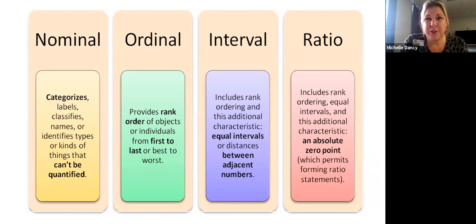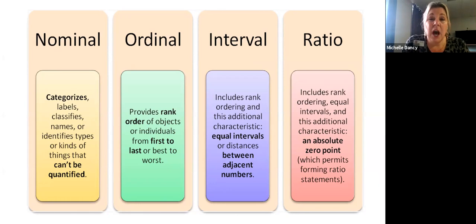And when I say the lowest form, we're talking about how we can deal with it statistically or mathematically. And then as I move across to ratio, ratio is my highest form of data. It can be manipulated the most. You can do the most with it.